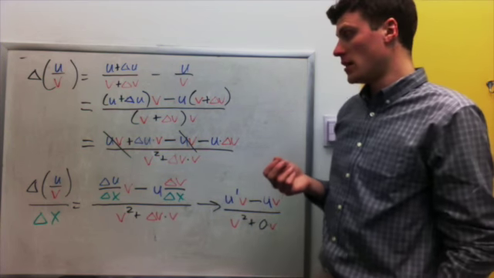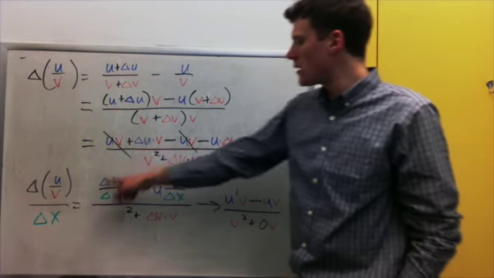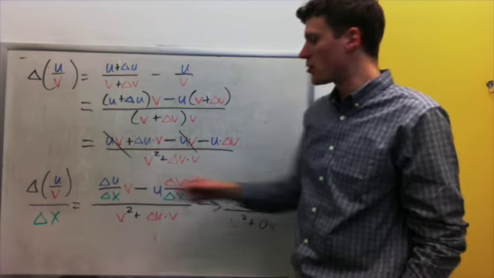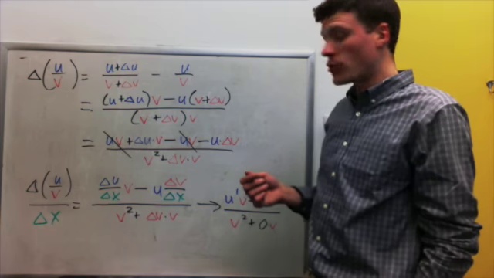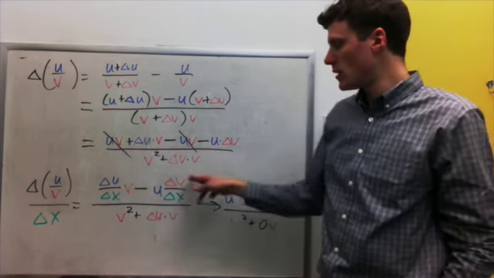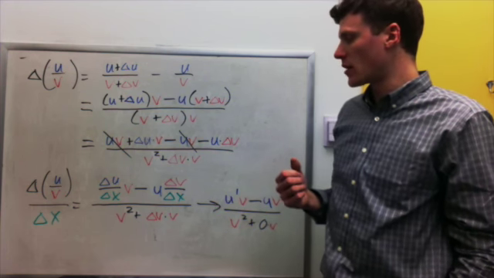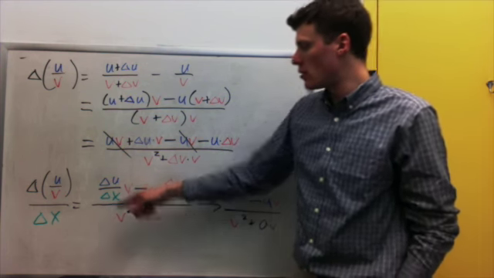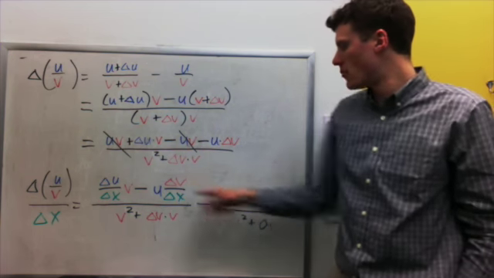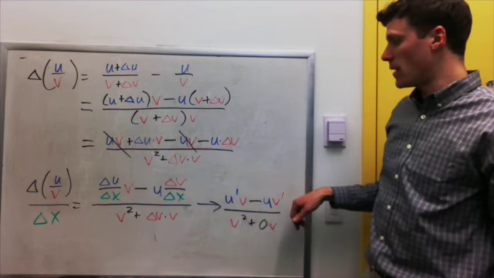Then I divide by delta x. I divide here, and dividing here, I can just divide the numerator, and to divide the numerator, I'm going to divide each term, and dividing each term, I'm going to choose again to put the delta x underneath delta u and delta v. Why? Because now as I let delta x go to 0, delta u over delta x goes to u prime, there's the v, minus u, delta v over delta x goes to v prime.